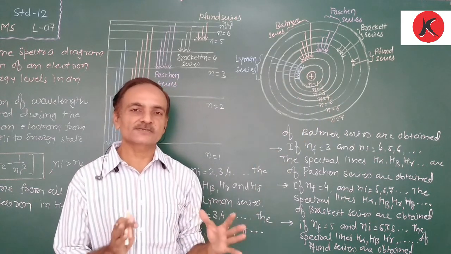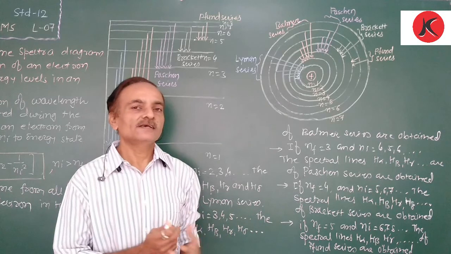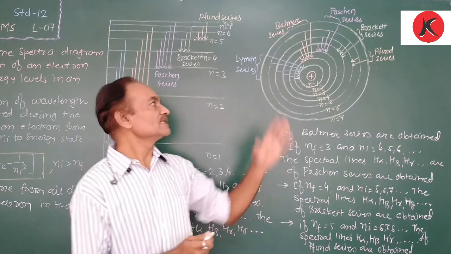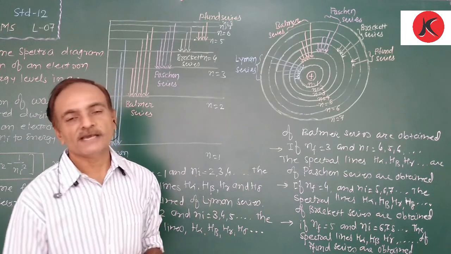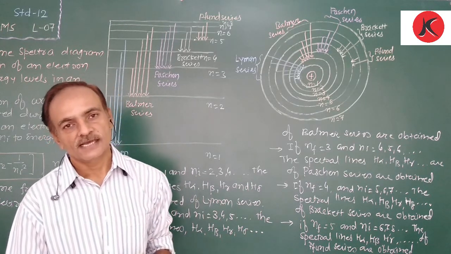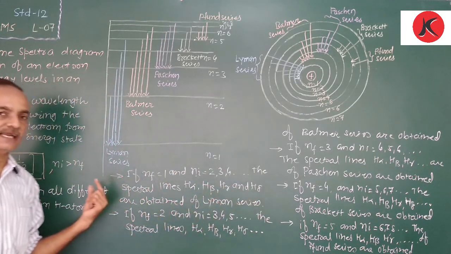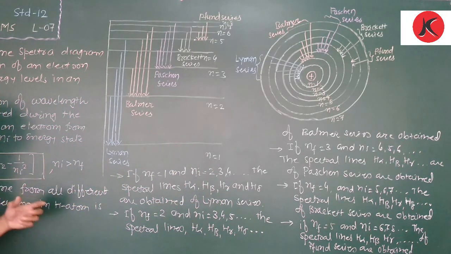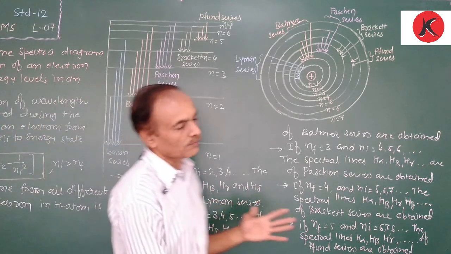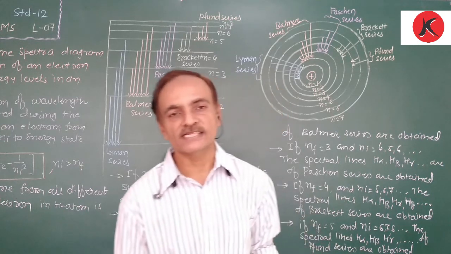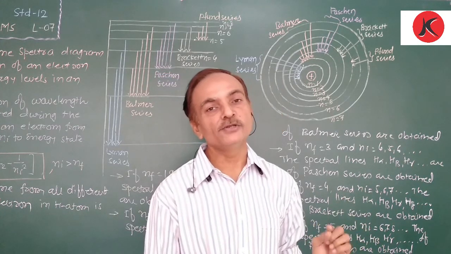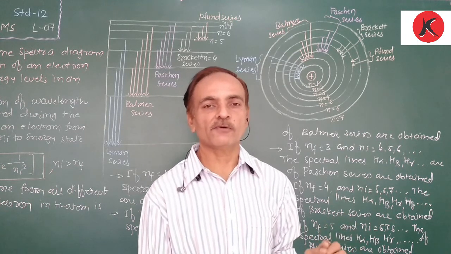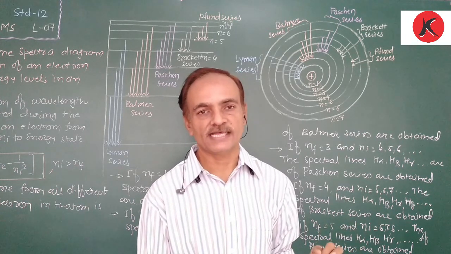So keep in mind these two figures so we can visualize each and every time what is the Lyman series, what is the Balmer, what is the Paschen, Brackett and also the Pfund series. And the general equation for the spectral line is 1 upon lambda is equal to R into 1 upon m square minus 1 upon n square, or 1 upon lambda is equal to R into bracket 1 upon nf square minus 1 upon ni square.